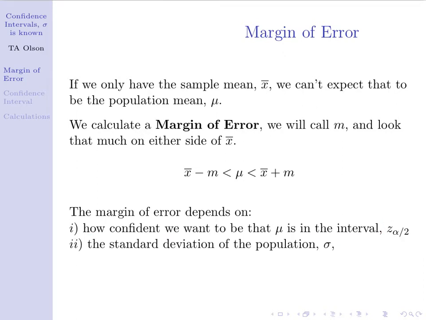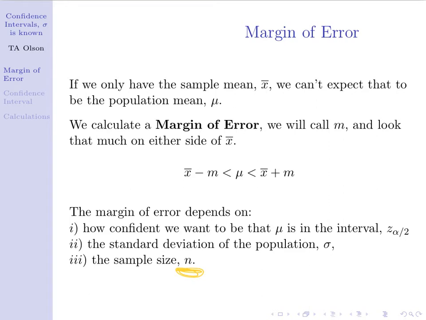It's also going to depend on what the standard deviation of our population is, right? Here we're assuming we know this. The more spread out our data is, the more error, right? The larger our margin of error is going to have to be. And lastly, it's going to depend on the sample size, okay?